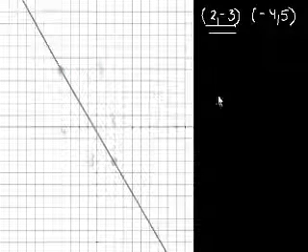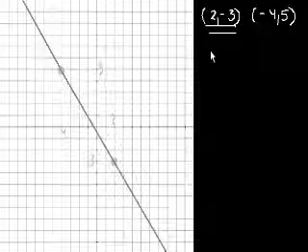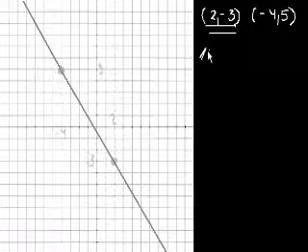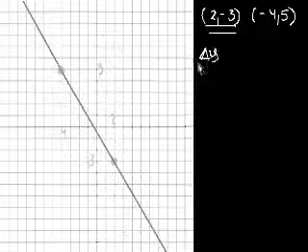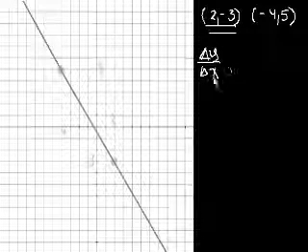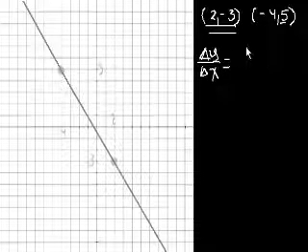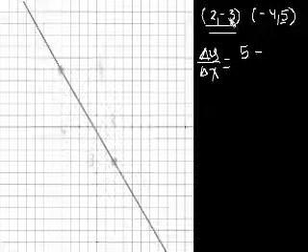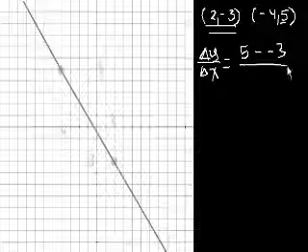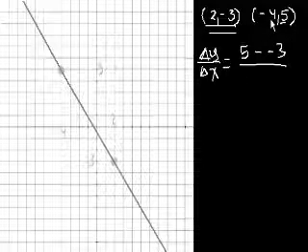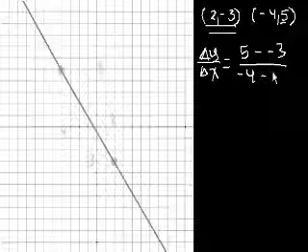Alright, so first we need to figure out the slope. Well, we could just do that doing the algebra. So slope is just delta y over delta x, change in y over change in x. Let's take this y as the first point. So we'll say 5 minus this y, negative 3, over, since we use the 5 first, we have to use the negative 4 first as well, negative 4 minus 2.